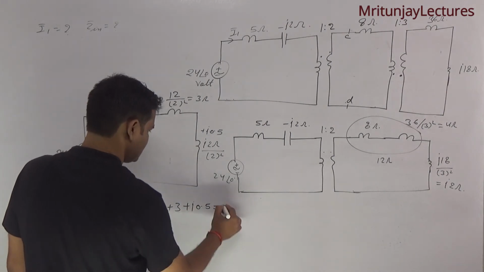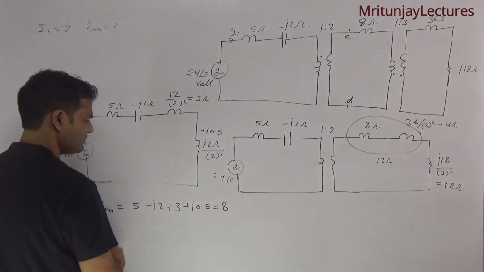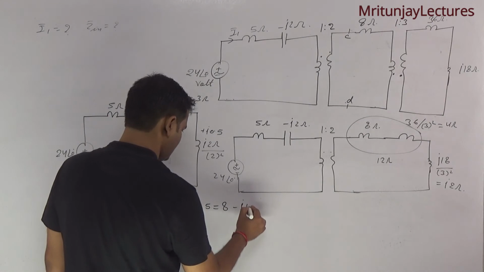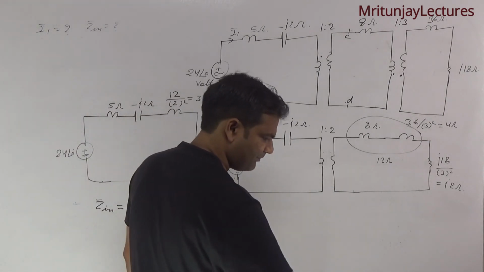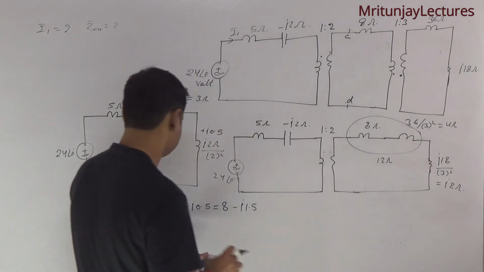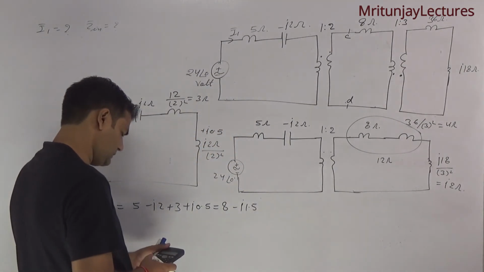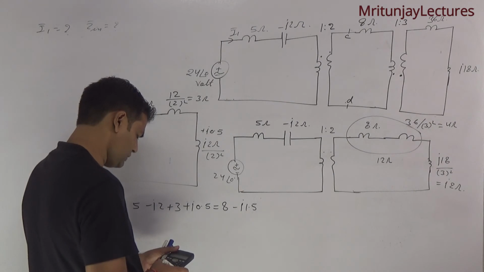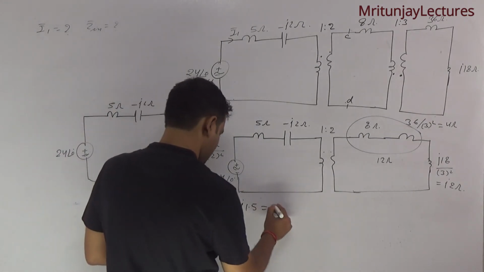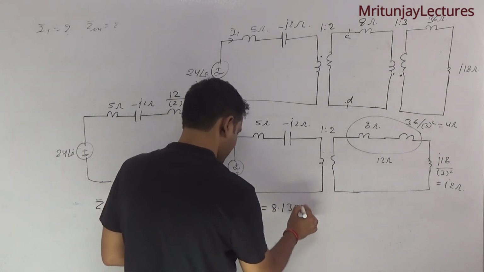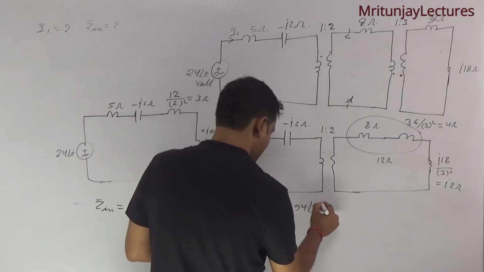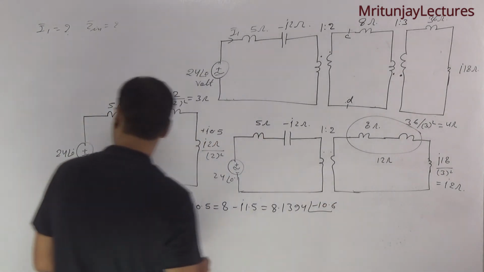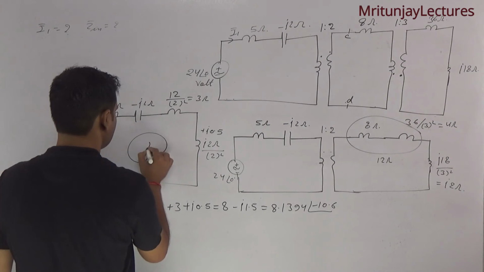So 5 plus 3, that is 8, and this one is minus J1.5. That is 8 minus 1.5J. If it is converted into polar form, that is 8.1394 at the angle minus 10.6.